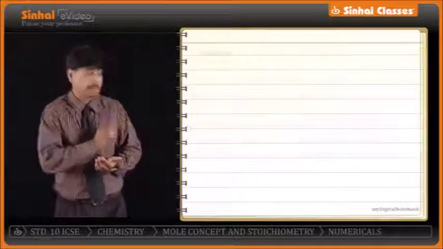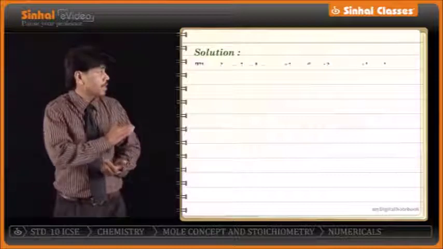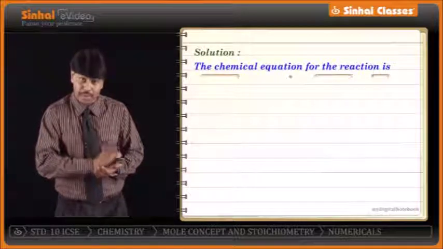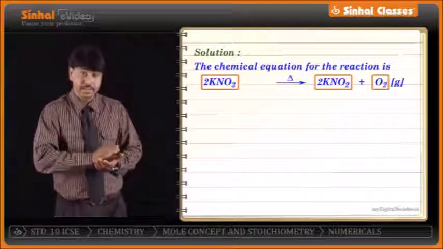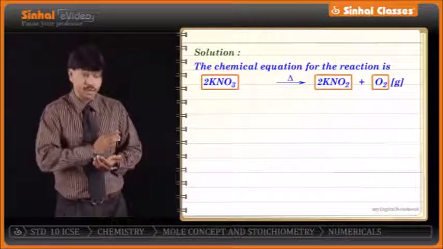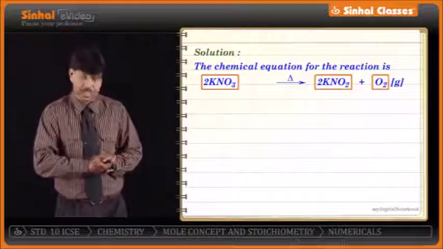Now let's see the solution part of it. The chemical equation for the reaction will be given as follows. 2KNO3 when heated will give you 2KNO2 plus O2 gas.